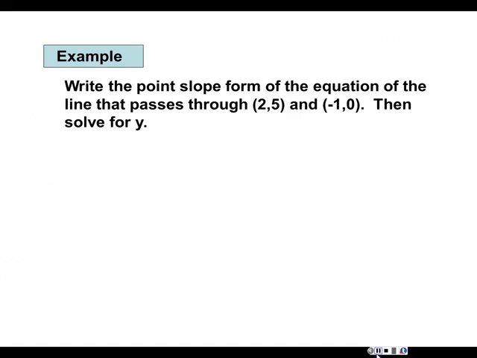Do you have the same slope? 5 over 3? Okay, so let's write the equation then. I'm taking negative 1, 0 as my point. So y is 0, m is 5 over 3, x is x minus 1.